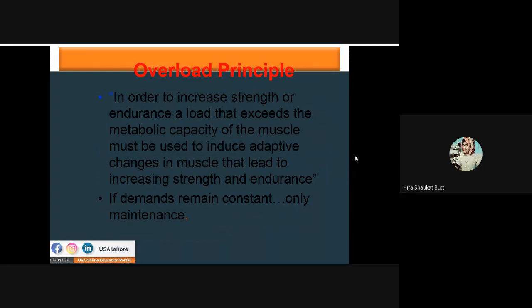And afterwards, we discussed the potential benefits or advantages that a person can gain from the use of resisted exercises. If we see the sequence of the chapter, then there are some principles that need to be followed.